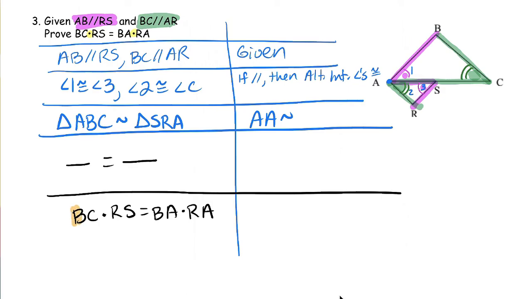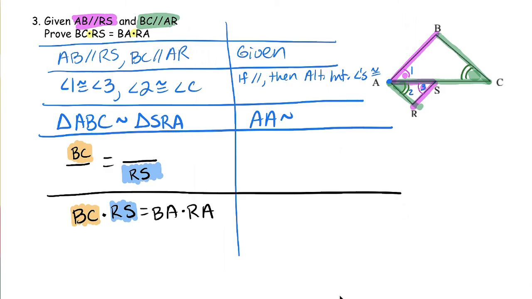So like if BC is here, I could choose to put it on top. And if it has to have a cross product with RS, then maybe RS needs to go on the diagonal so that those would multiply together when you are cross multiplying your proportion. So you're going to start by choosing one side of this and placing the pieces on the diagonal so that they would give you the cross product.